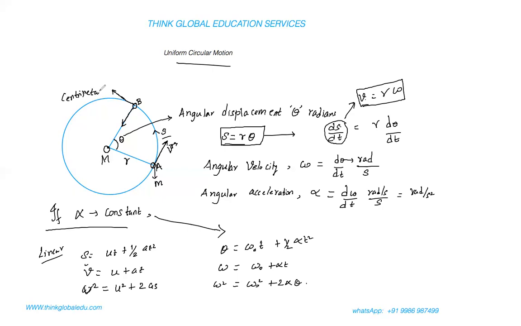We can find out what the centripetal force is using the value of a, the acceleration of the particle at position A and at position B. The acceleration will be equal to v squared divided by r. By using Newton's second law, F equal to ma, we find F is equal to m v squared by r.